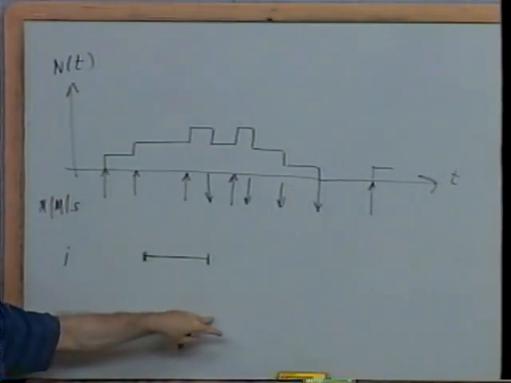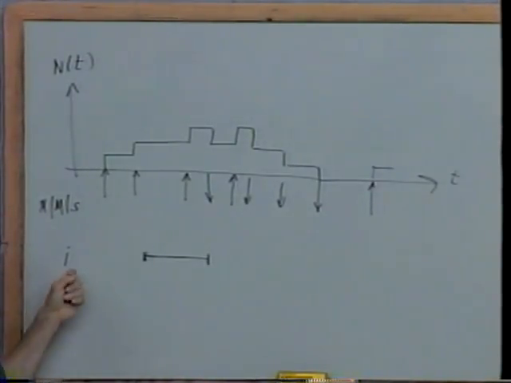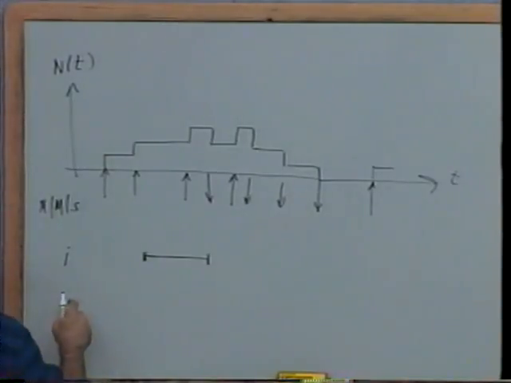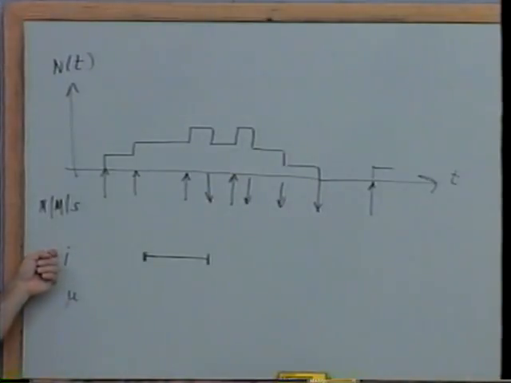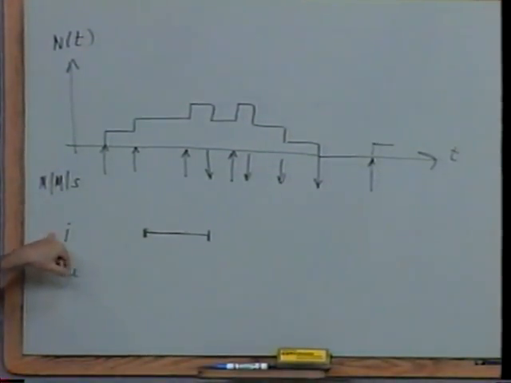Now, how much time does it take until a departure occurs? Well, that depends on the state. But if I'm in level J, then we know that each customer, that means that there are J customers in progress. No, it doesn't necessarily. If I'm in level J, if J is more than S, there are S customers in progress.